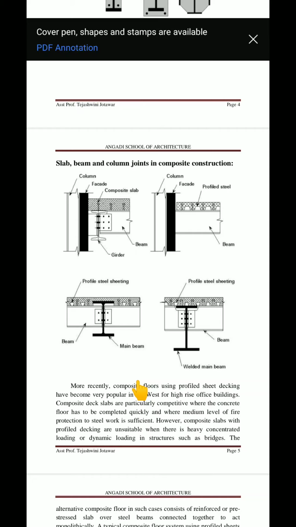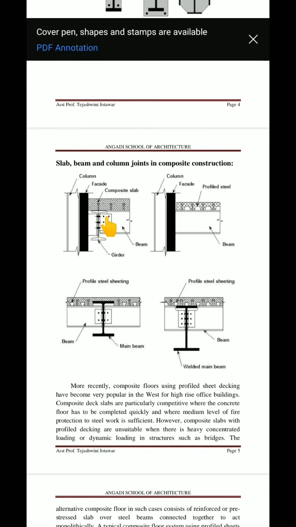Now a few of the slab, beam and column junctions or joints we can study here. This is a steel column where I am also providing a facade, and this column is connected with a steel beam on this side and a steel girder I-section in the Z direction: a beam in the X direction, a girder in the Z direction and a column in the Y direction.